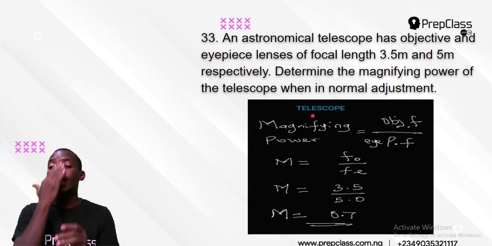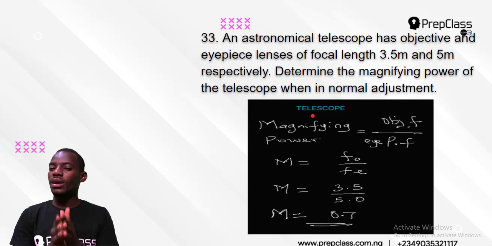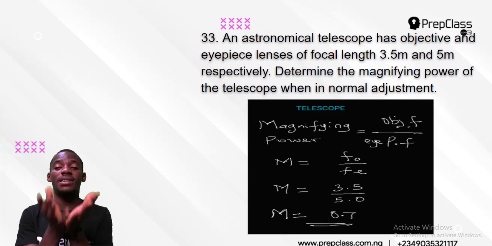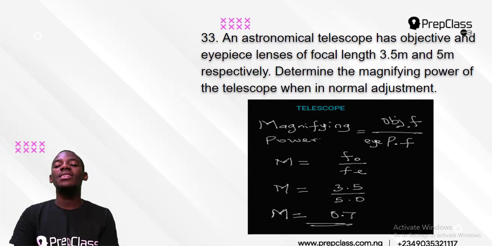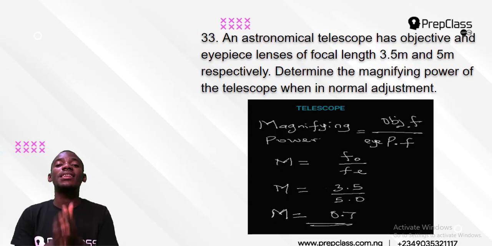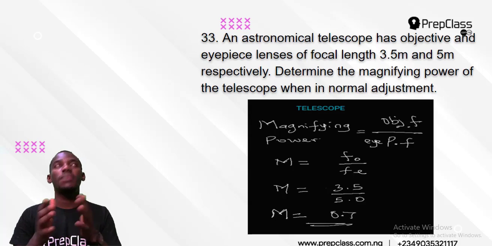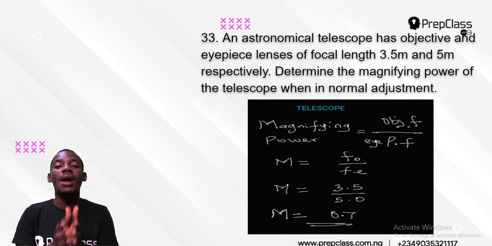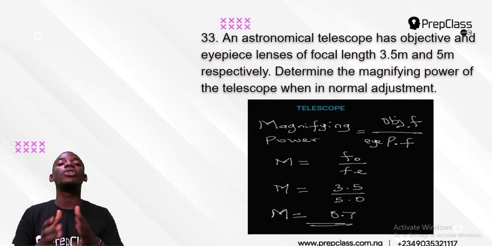Actually, the astronomical telescope uses 2 lenses. One is for your eye, and the other one is called the objective lens. The power of the telescope is a function of the 2 lenses, and power is the inverse of focal length. So the higher the focal length, the lower the power, or the higher the power, the lower the focal length.